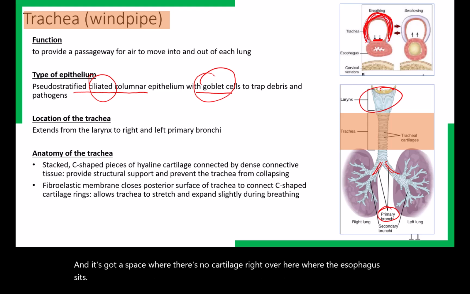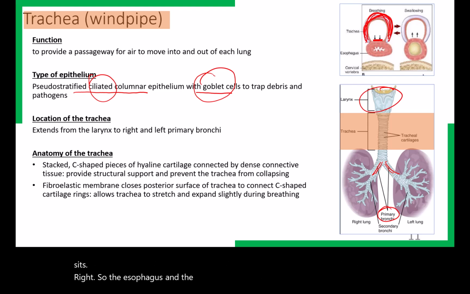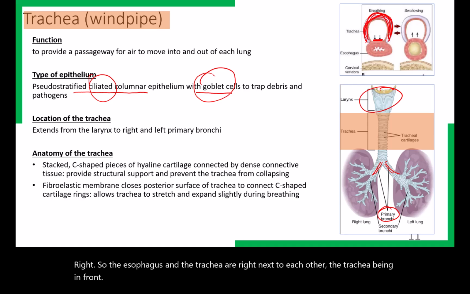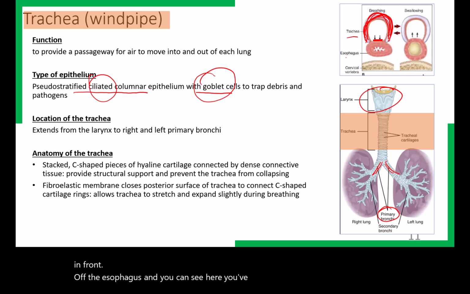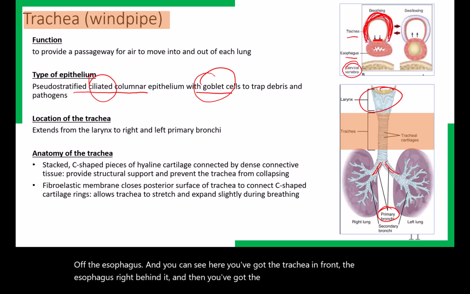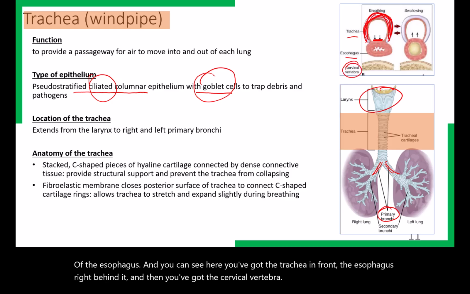So the esophagus and the trachea are right next to each other, the trachea being in front of the esophagus. And you can see here you've got the trachea in front, the esophagus right behind it, and then you've got the cervical vertebra distal to the esophagus.